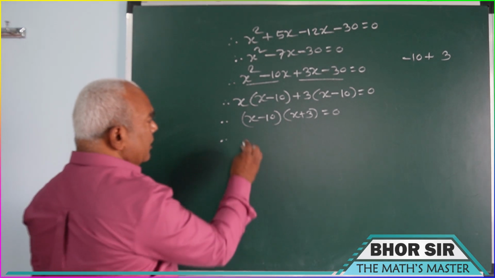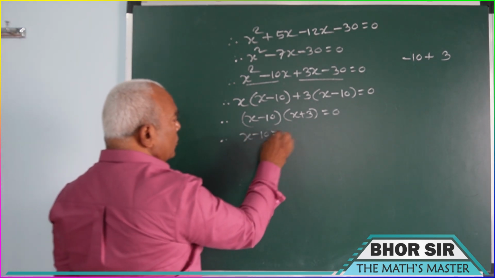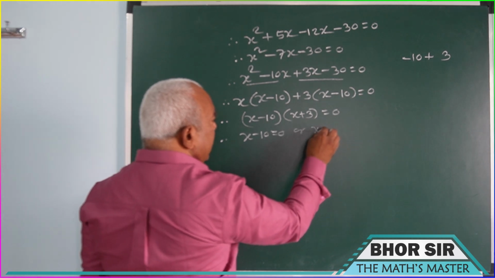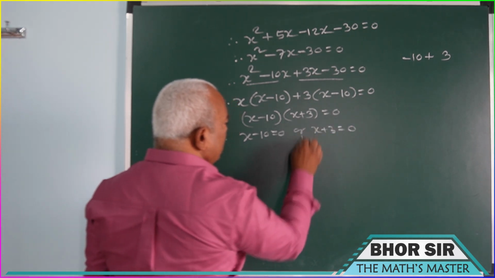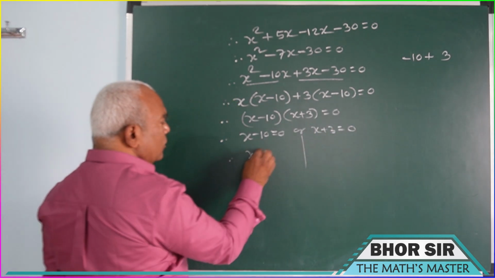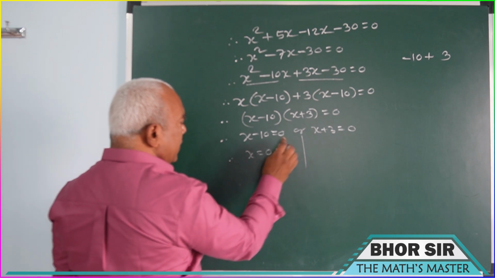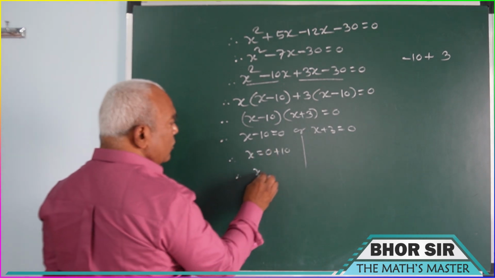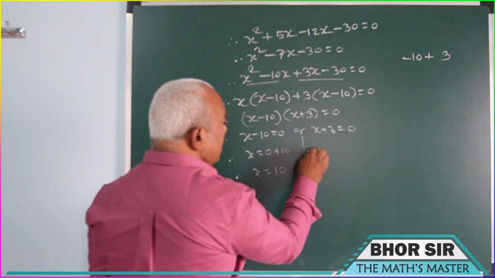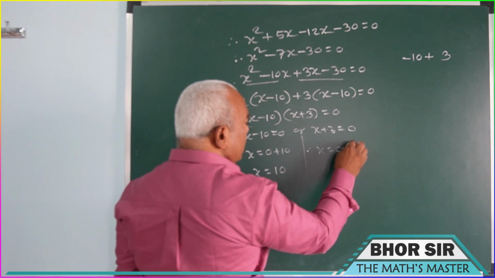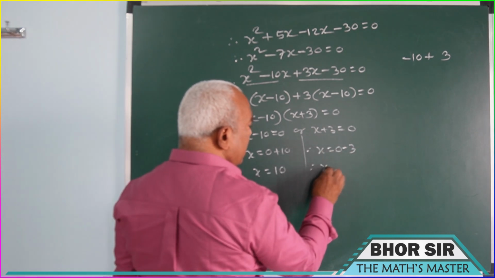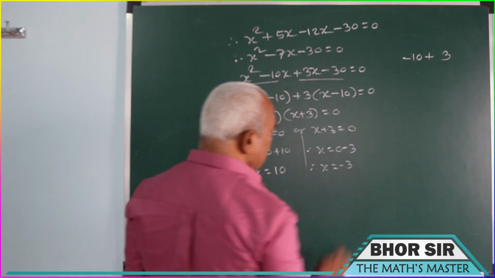Then x minus 10 is equal to 0 or x plus 3 is equal to 0. Therefore, x is equal to 10, or x is equal to minus 3.